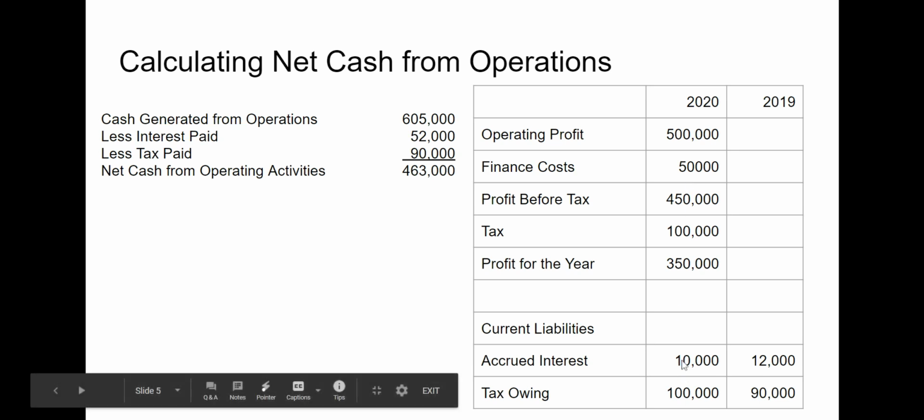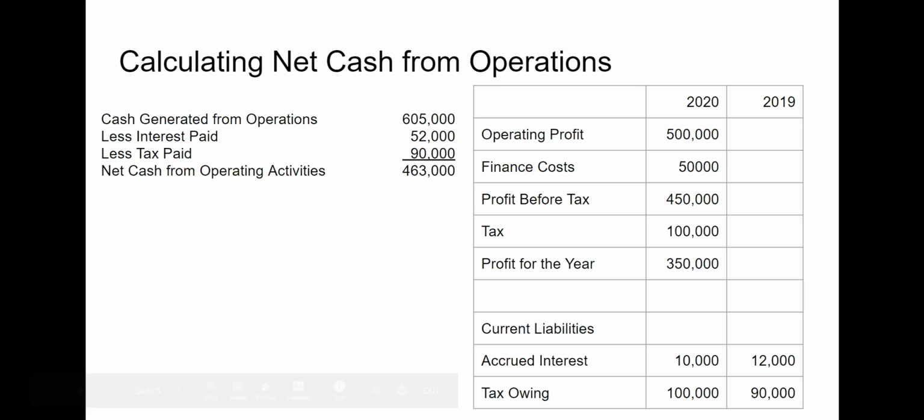But 10,000 of that money I haven't yet paid because it's accrued interest. So the actual amount of interest paid for this business would be 52,000. And then it's just straightforward. Then we less the actual interest paid and the tax paid to give us our net cash from operating activities.